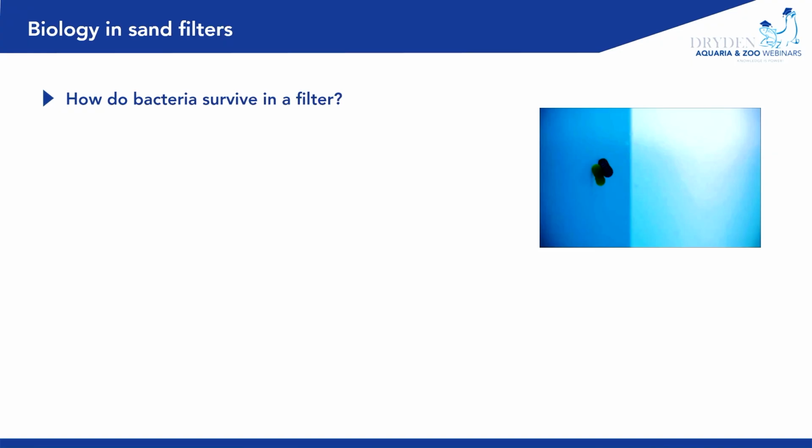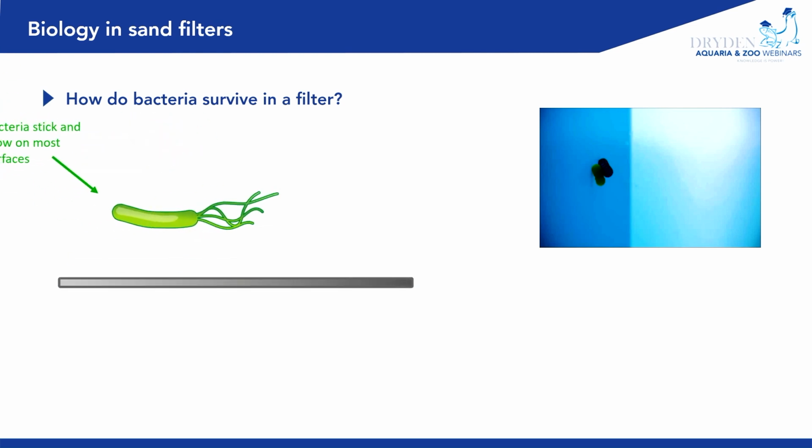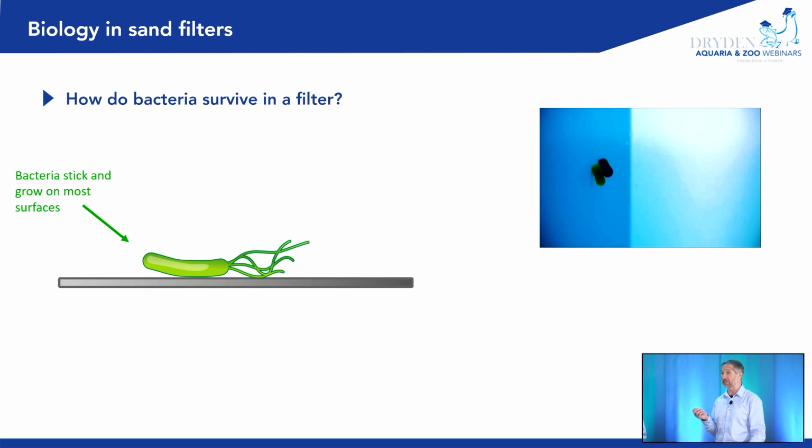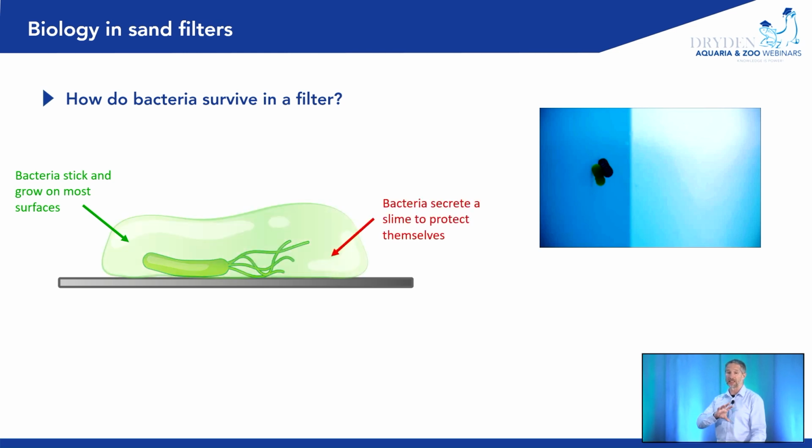And that all starts here by allowing bacteria to settle on the surface. In no way can we prevent that from happening in exhibits and pipeworks and all of that, but where we come from, we can help to reduce that in the filter itself. So bacteria needs to settle onto a surface before they can start producing their slime that protects themselves, the biofilm, which grows together to form many, and that can only happen once they are on a surface.